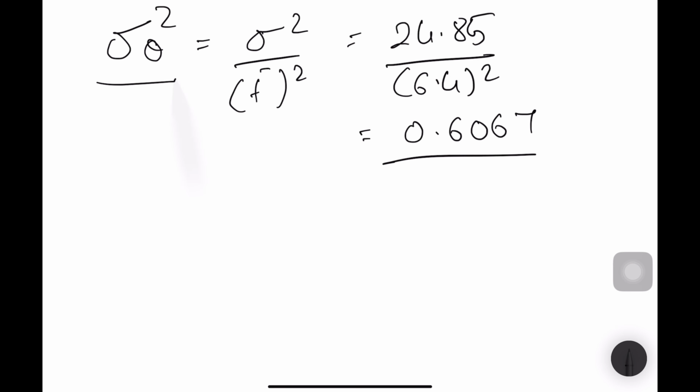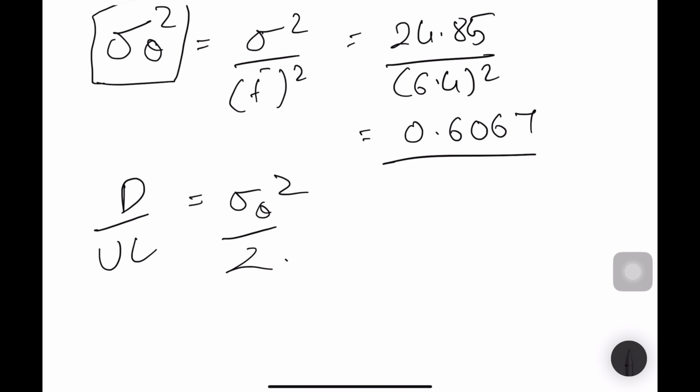Now, as we have calculated the dimensionless value for the variance, we have to calculate our final result, which is the dispersion number, D by uL, which is equal to sigma theta square divided by 2.